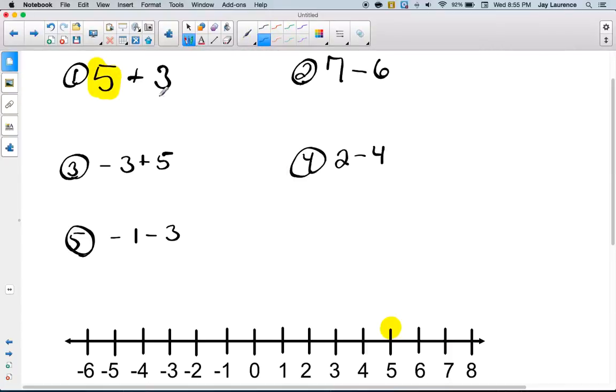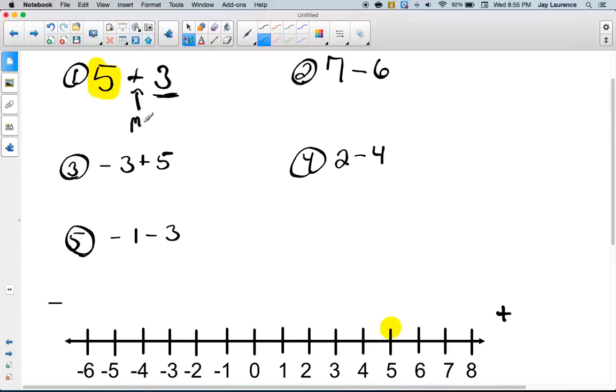The number of spaces I'm going to move is this number, 3. But you have to be careful because this is the direction I'm going to move in. And as you know, on a number line, when you move to the right, you're getting towards the positives, or staying in the positives. And as you move to the left, you go to the negatives, or you stay in the negatives. So, because I'm at the 5, this says to move to the right.